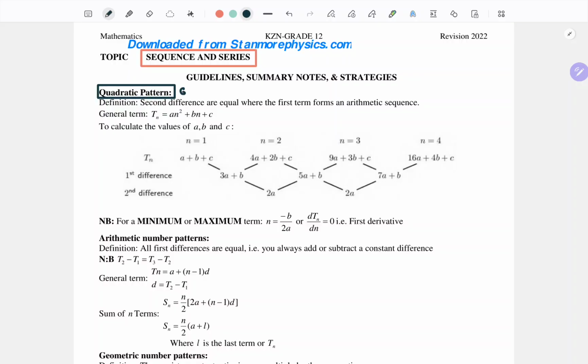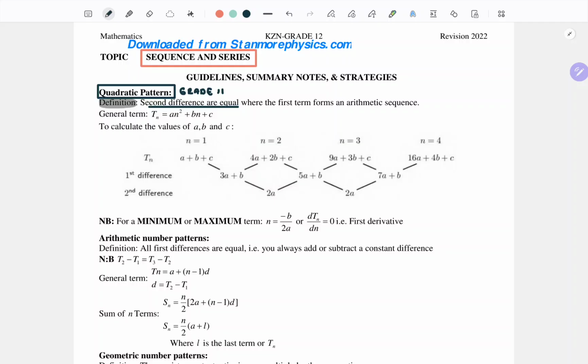This is a revision from grade 11, so it carries on to grade 12. Now, what is the definition of a quadratic number pattern? This is a pattern or sequence where there is a constant second difference.